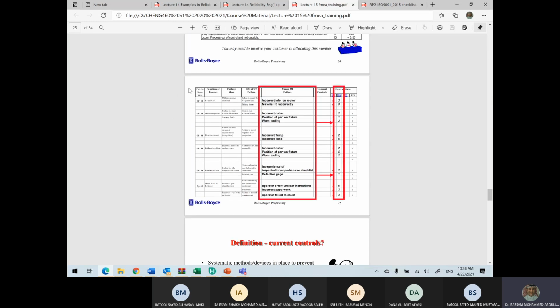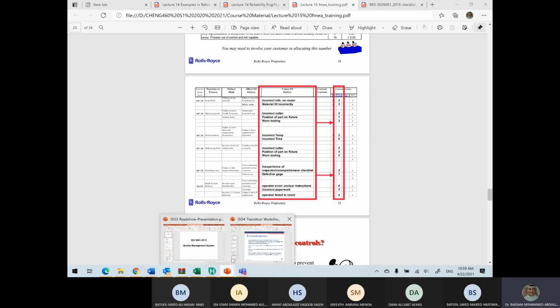Simply, it is a table that we need to fill in. It's as simple as that. So that is the last part of the course. What is left within the course is ISO, reliability engineering, and failure mode and effects analysis.